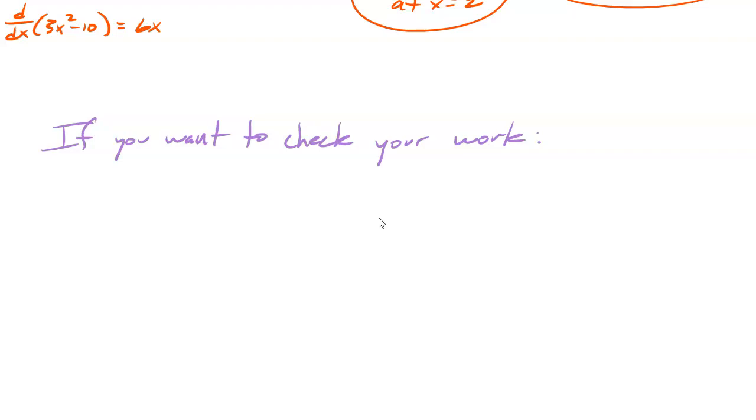But there are actually quite a few websites that you can go to check your work. If I remember correctly, I don't think Photomath does Calc. I think it only does up through Algebra. But maybe they've updated it.